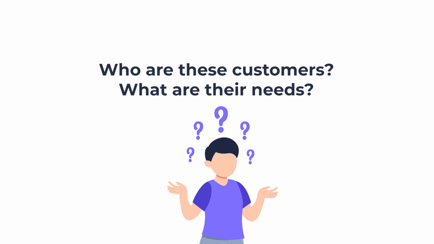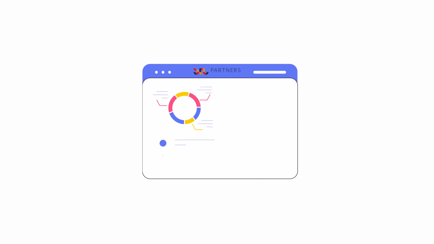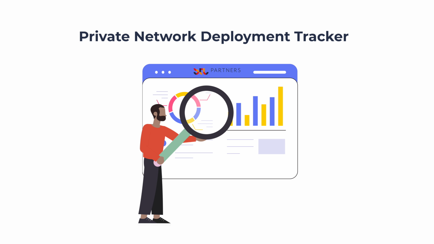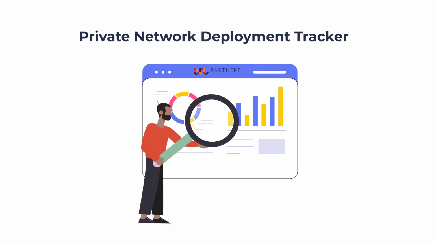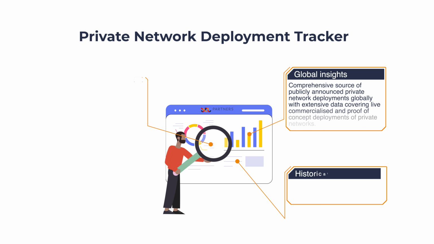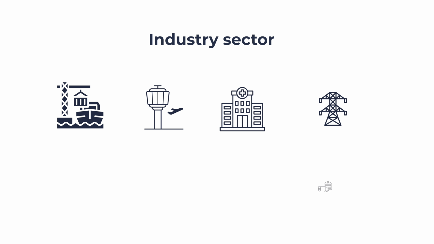What are their needs? At STL Partners, we maintain a database, our private network deployment tracker, and in that database, we've aimed to gather the details of all of the publicly discussed private network deployments running from 2014. And one of the pieces of data that we record is the industry sector of the customer for each private network deployment.